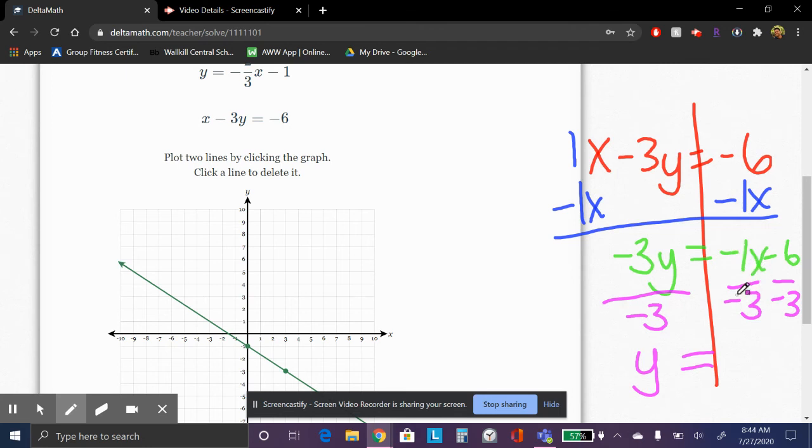A negative divided by a negative is a positive, so it's going to be a positive 1/3 x. It's okay to leave a fraction. That's going to tell me my rise over run, so that's no problem. And -6 divided by -3 is positive 2.